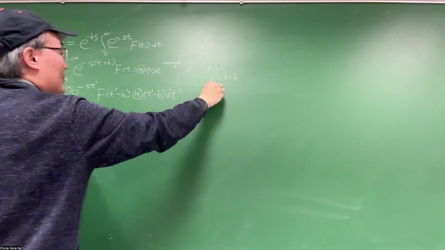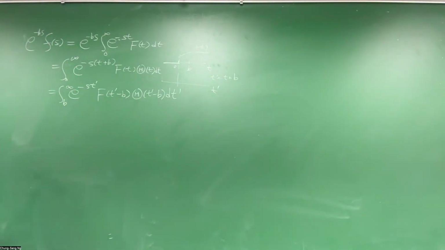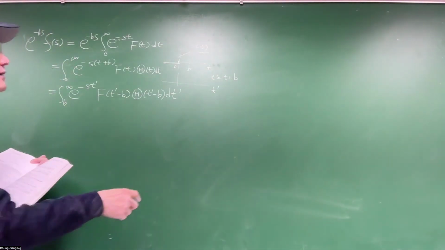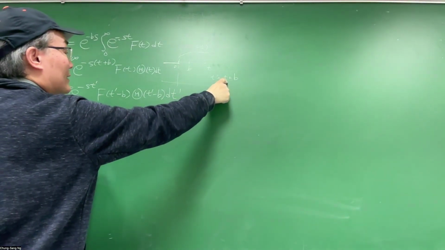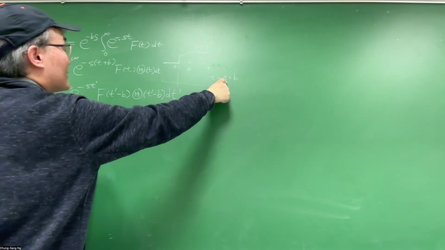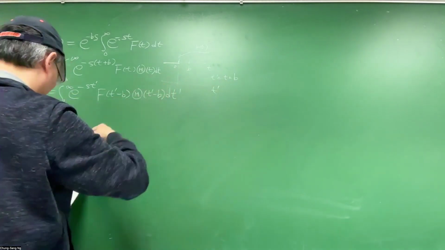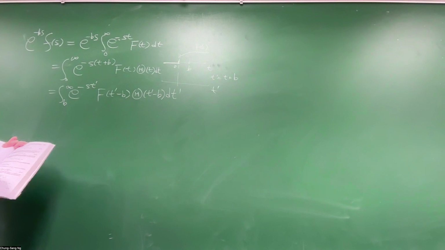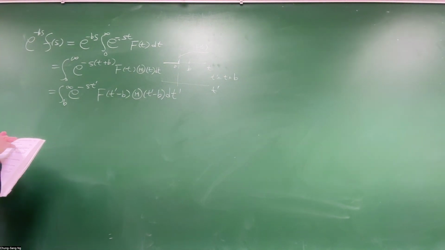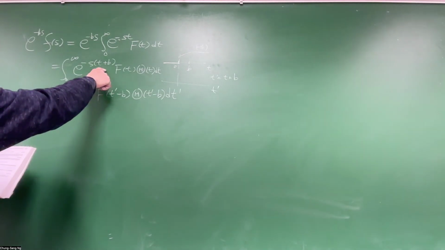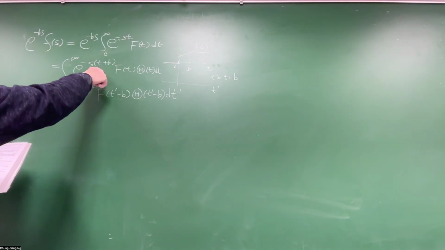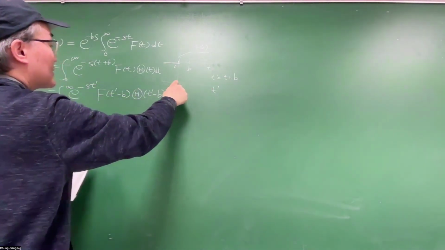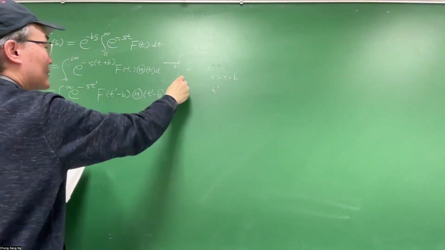So you draw a t prime axis. t prime equals t plus b, so t prime equals 0 is at t equals minus b.